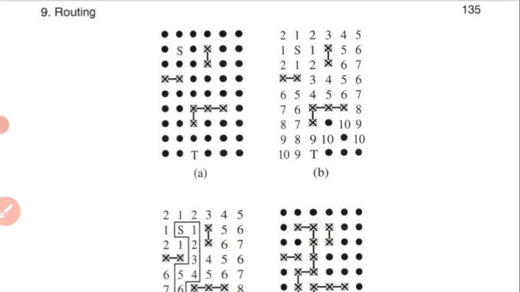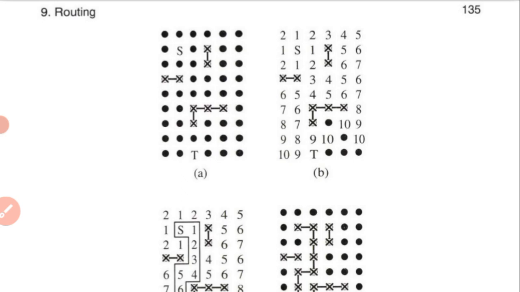In the second figure, B, it shows the possible connections. Surrounding S, we mark the horizontal and vertical neighbours as 1. The orientation here is horizontal and vertical. Only in rare cases do we use a 45-degree connection, where in place of 2 we can mark 1.